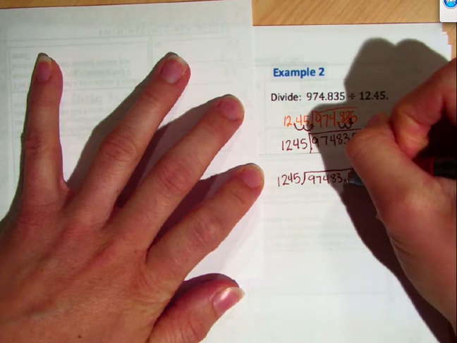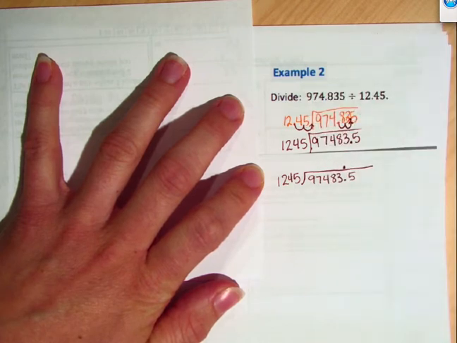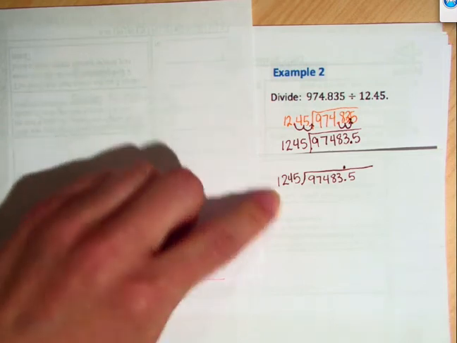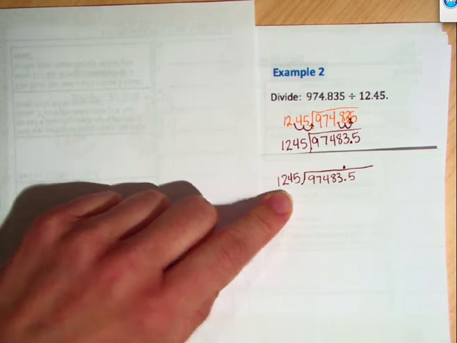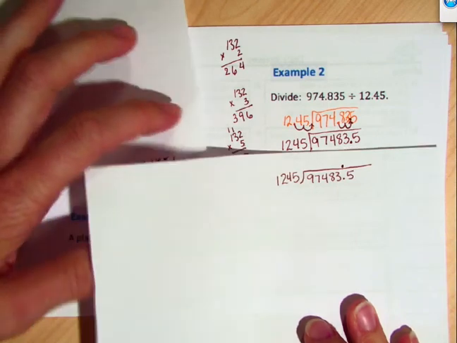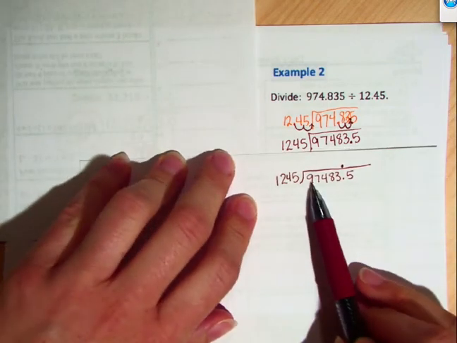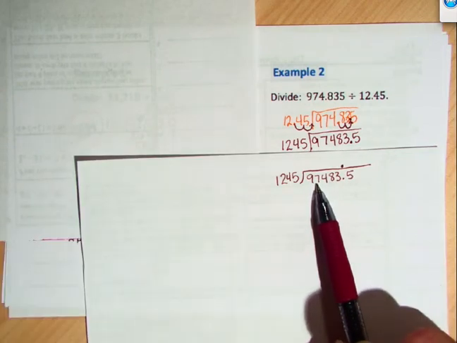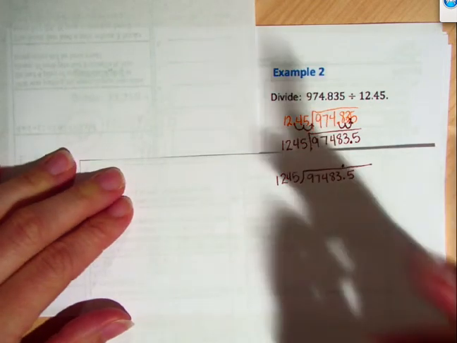So I don't want to forget it. My first step is going to be to place that decimal into the quotient so that I don't forget it later. Now we have a very large number over here. Let's see, 1,245, and we have 97. Well, if this was 96, 12 goes into 96 8 times. So let's try 8.